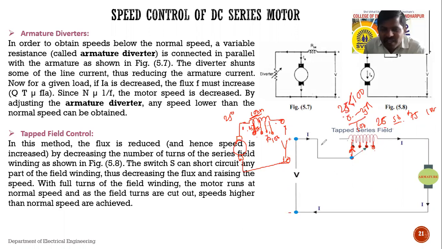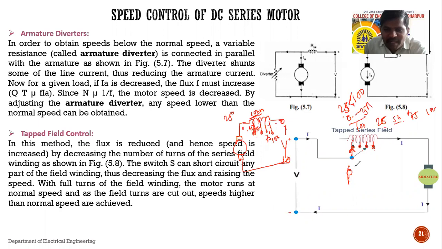What happens about the flux? The number of turns will be less, so what about flux? It is less. Flux is also less, or it may be flux is also minimum.